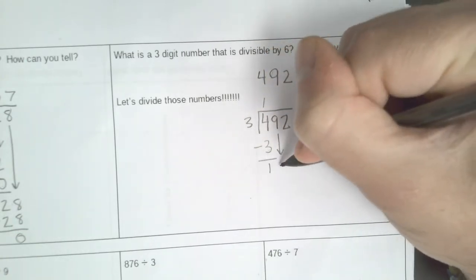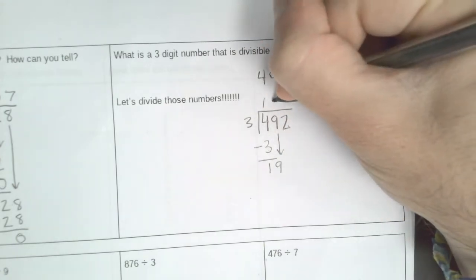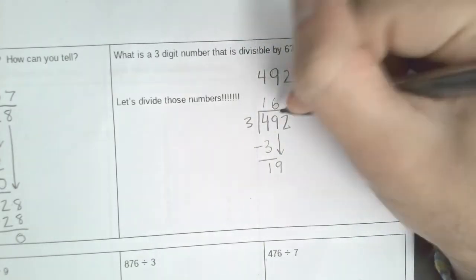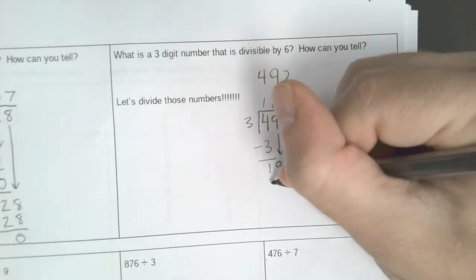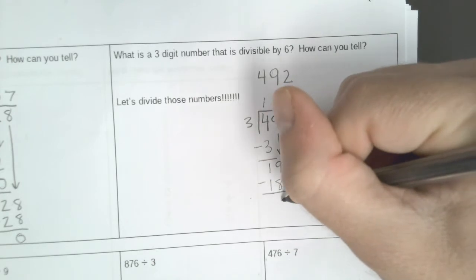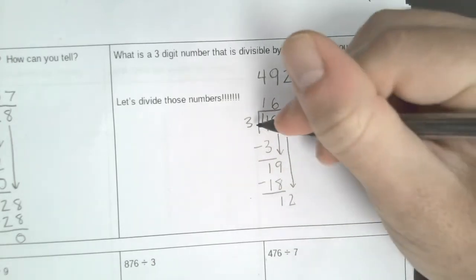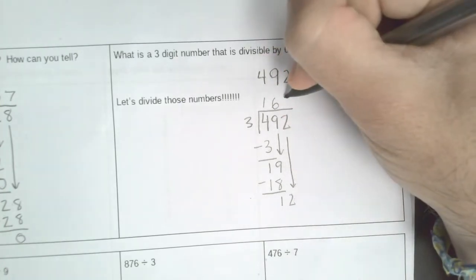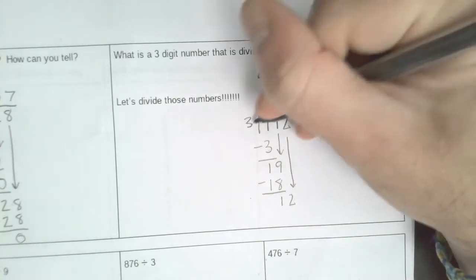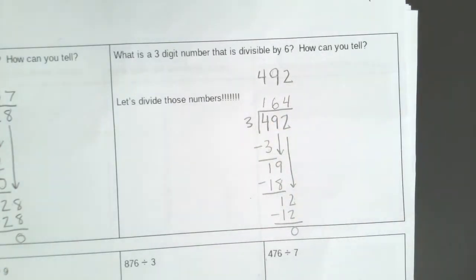Bring down the 9. 3 goes into 19 6 times. 6 times 3 is 18. 19 minus 18 is 1. Bring down the 2. 3 goes into 12 4 times. 4 times 3 is 12, and 12 minus 12 is 0.